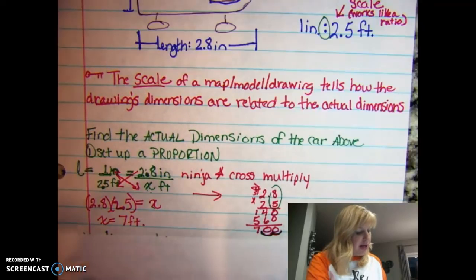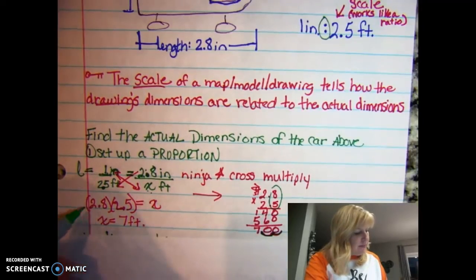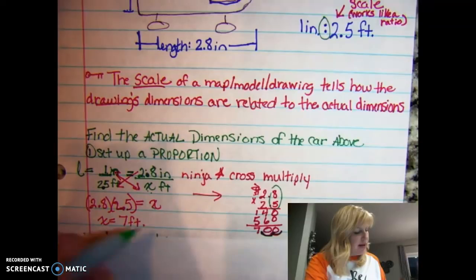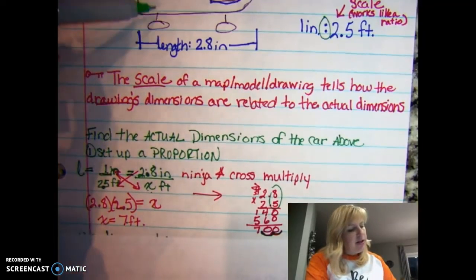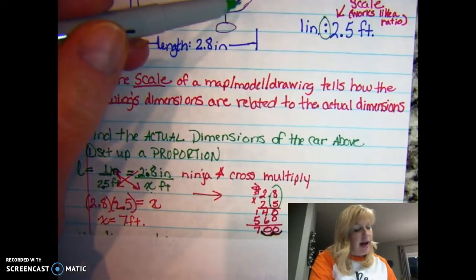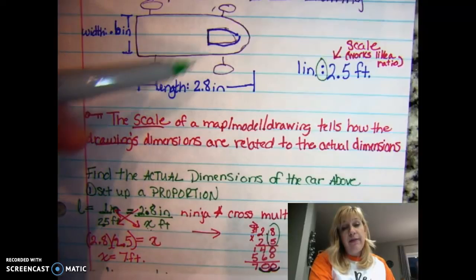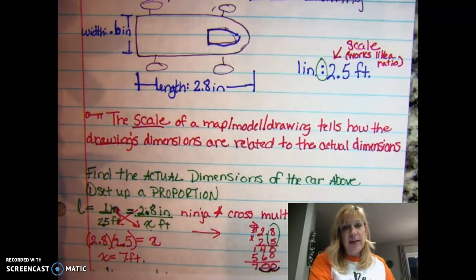That makes sense because 2 times 2 is 4, but it's a 0.5 and a 0.8, so I'm thinking 7 makes sense. x equals 7 feet. So if we were actually going to look at how big this car is, it would be 7 feet long. That's about a foot taller than Mrs. McKinley, a little more than that.